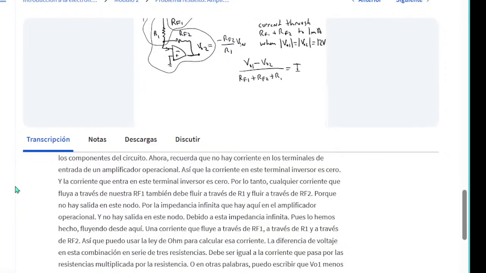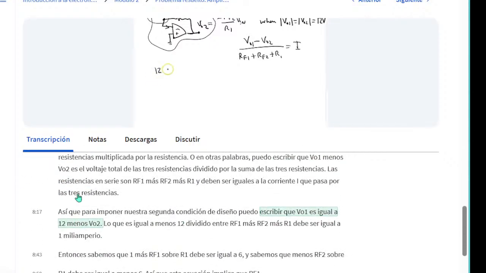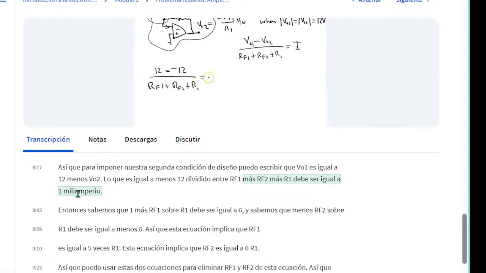So, to impose our second design condition, I can write that VO1, when it is equal to 12, minus VO2, which is equal to minus 12, divided by RF1 plus RF2 plus R1 must be equal to 1 milliamp.